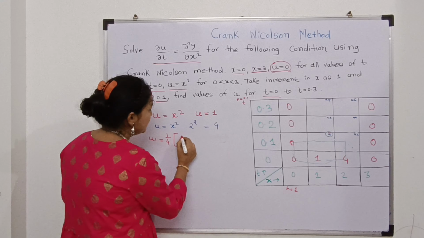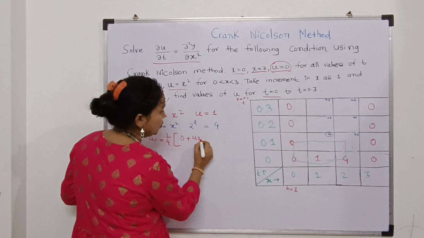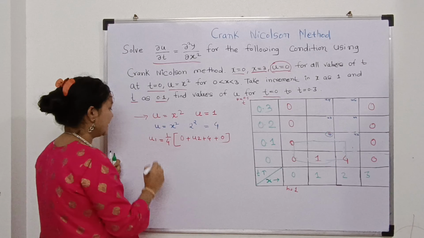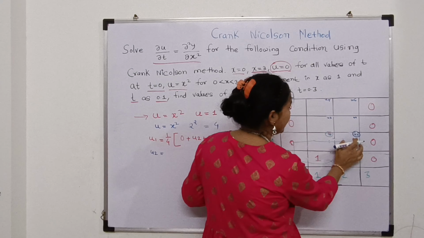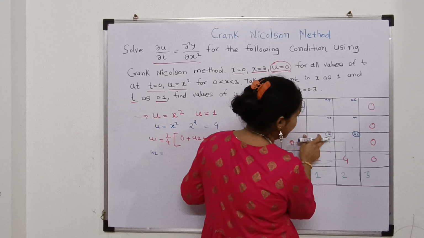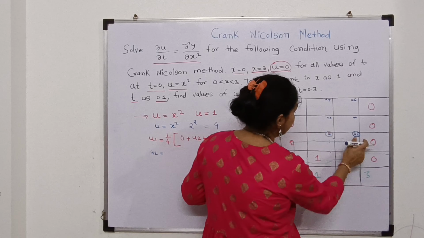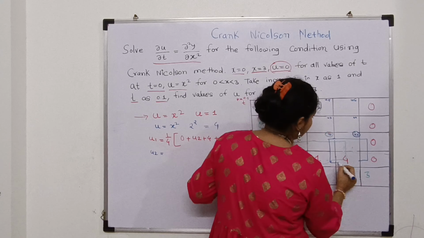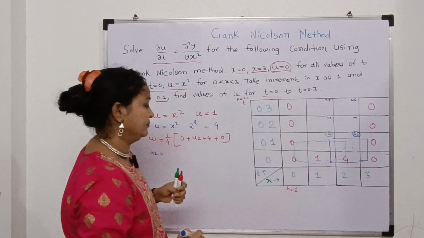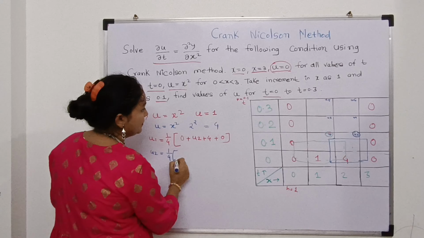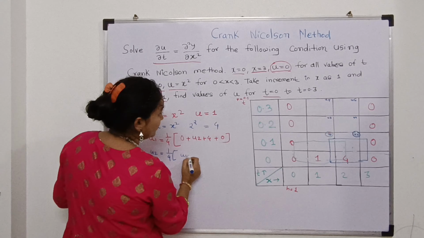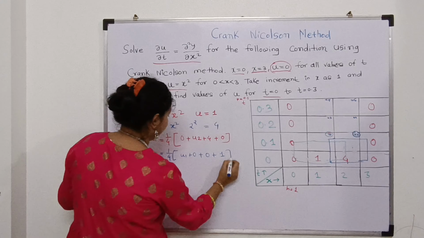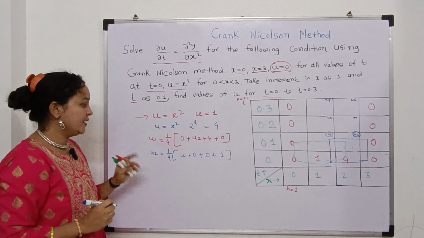So that becomes 0 plus the next value u2 plus 4 plus 0. Similarly for u2, it becomes u1 plus 0 plus 0 plus 1.